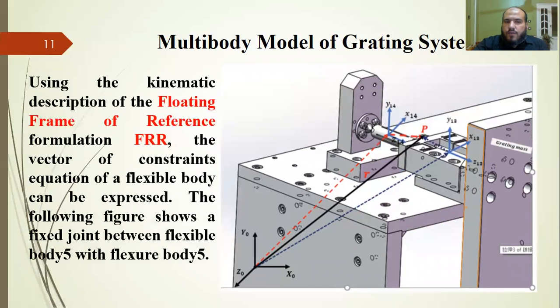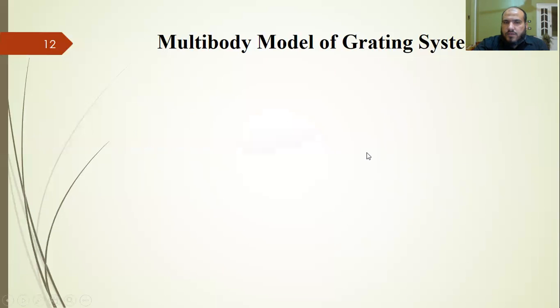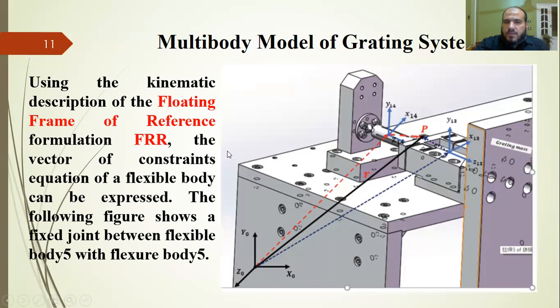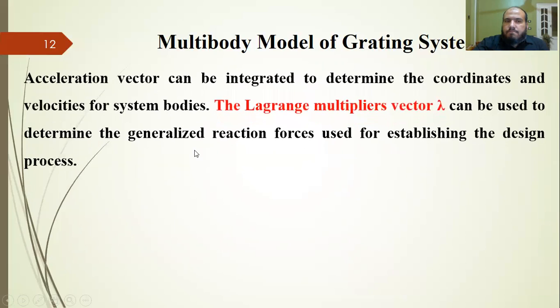The floating frame of reference formulation can be used to derive the constraint equation for the connection between the flexible body and the grating mass, similar to a rigid body. After solving the equation of motion, we obtain the acceleration. The acceleration vector can be integrated to determine the coordinates and velocity of the system.